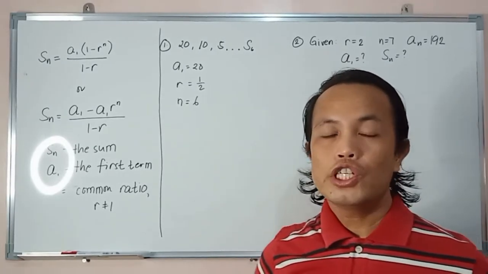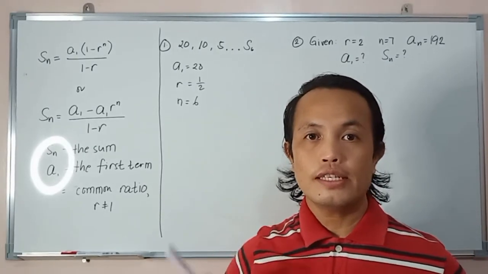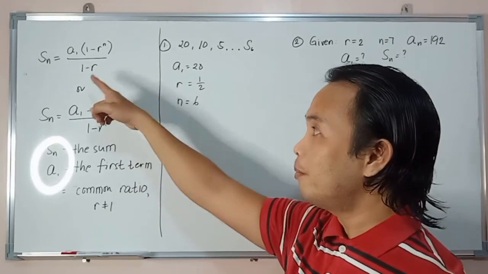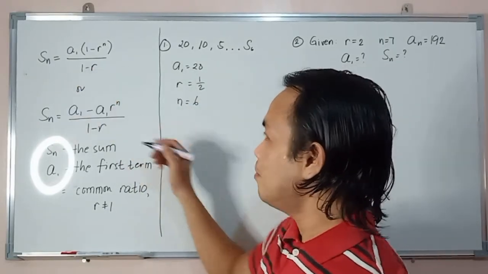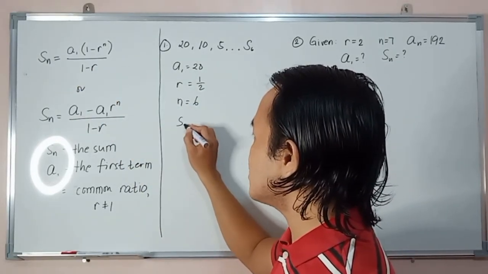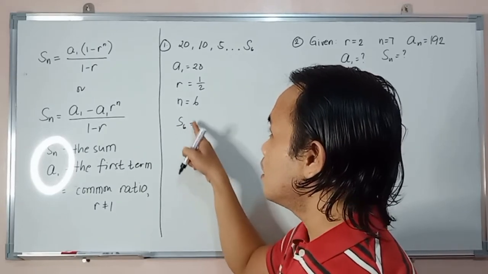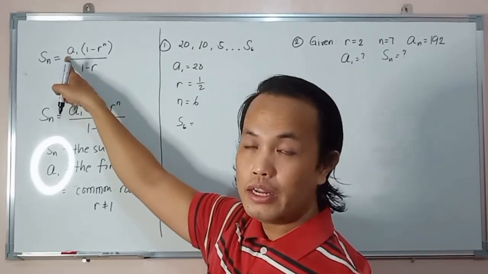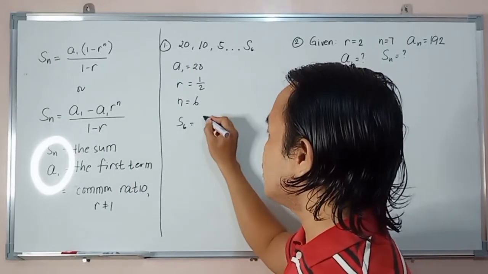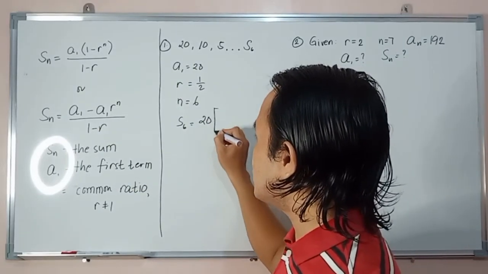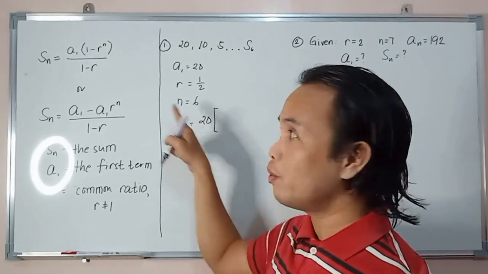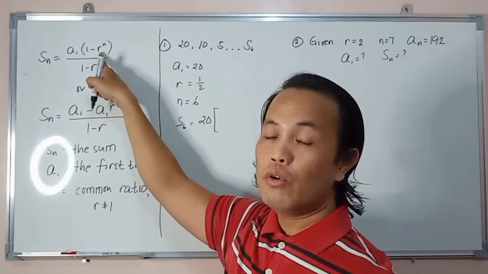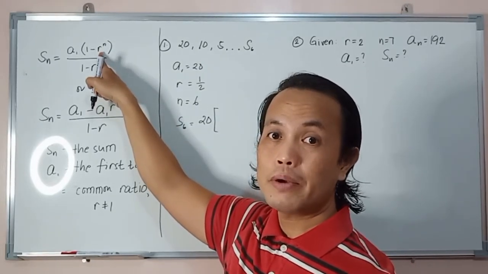Next, we need to substitute these givens into the formula. Our formula again: S sub n, so this becomes S sub 6 equals, our A sub 1 is 20, so we write 20 times. We use this grouping symbol because we need to substitute the value for r here, in which case we will be using parentheses.